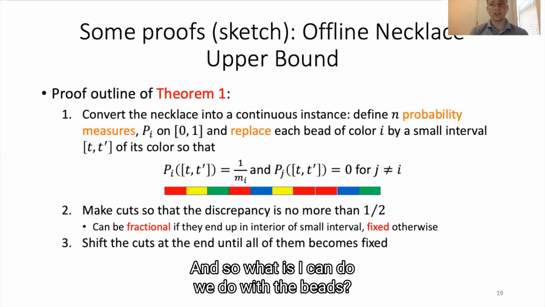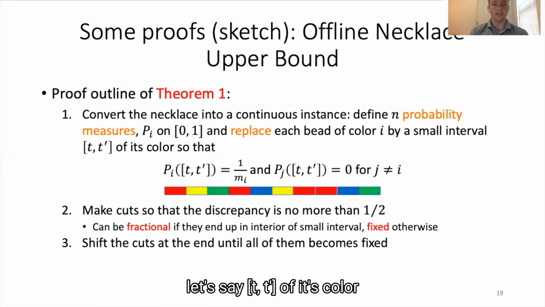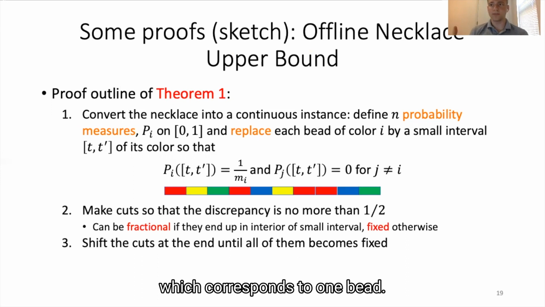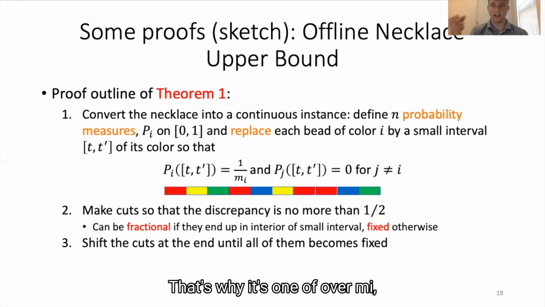And so what exactly do we do with the beads? So we replace each bead of color I by a small interval, let's say t prime, of its color, so that the pi measure of that interval is 1 over mi, which corresponds to 1 bead, since we're trying to basically normalize everything. That's why it's 1 over mi.